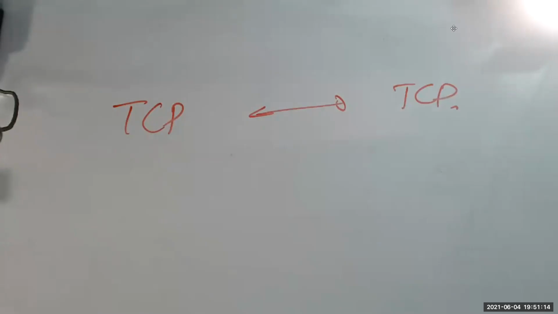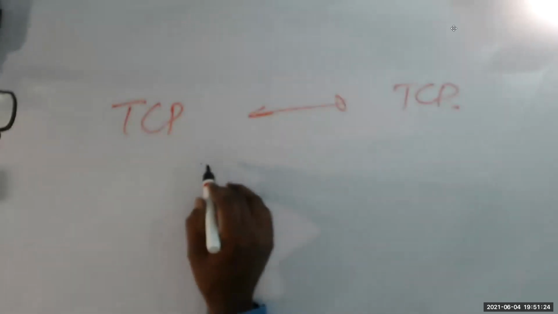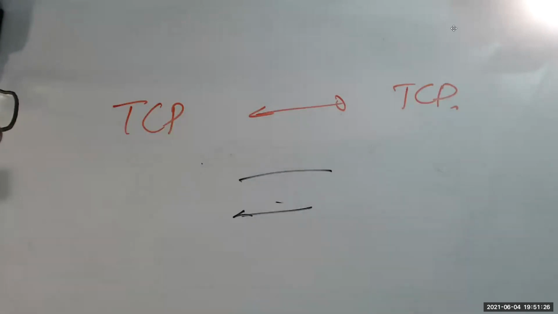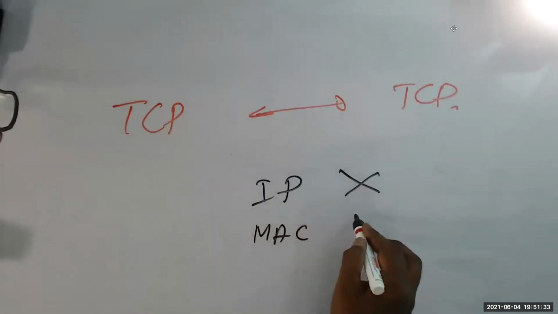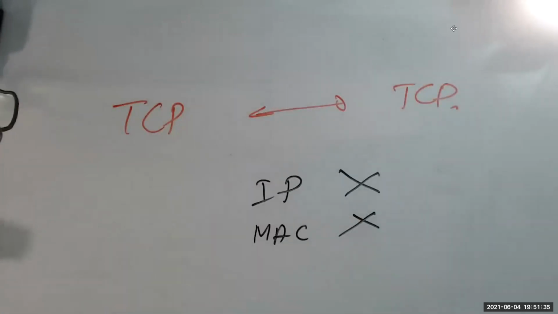So TCP, I will recollect once again. Give me a time because I don't want to push too much. What I'm trying to tell you is that this guy is good for acknowledgement, whereas your other two, MAC and IP, are not responsible for data transmission successfully. They do not wait for acknowledgement.